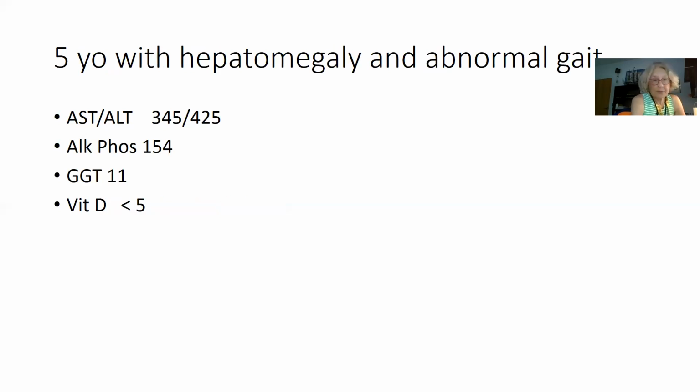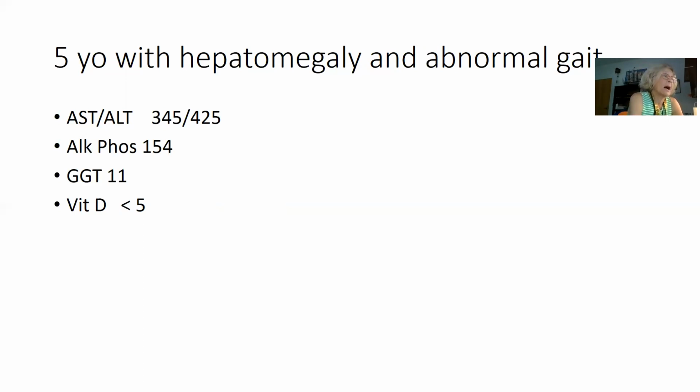Next is another patient of mine. This kiddo had abnormal transaminases. Alk phos was okay, and he had a very low GGT. I was seeing him because he kept falling down, and he had a big liver.